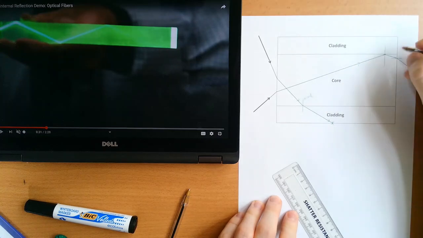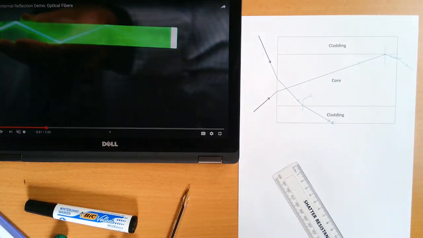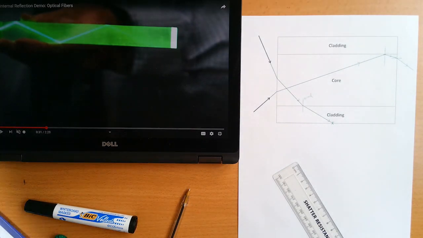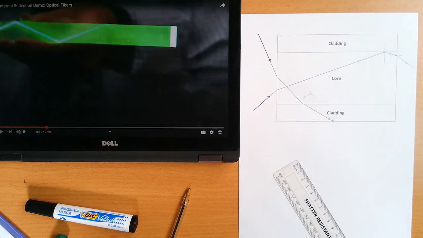Okay. So that is a diagram showing light rays travelling through the fibre. Let's see if I can just focus on that a bit better. So have a go at that. Draw your own diagram to show light travelling through the fibre.